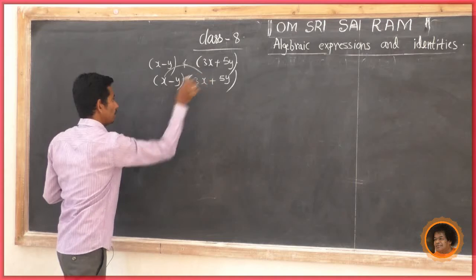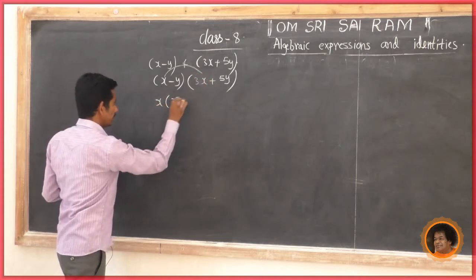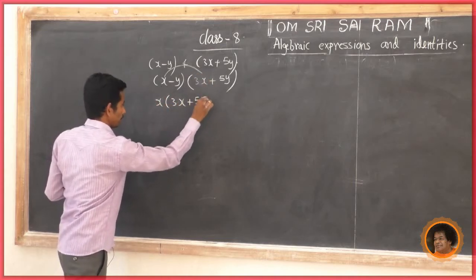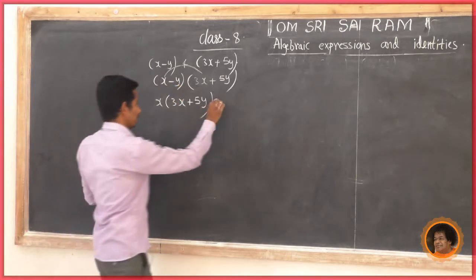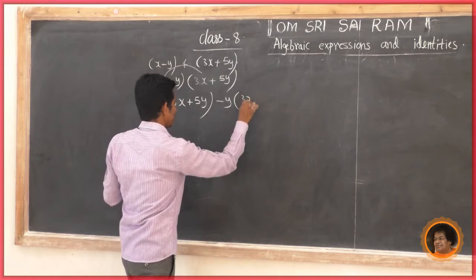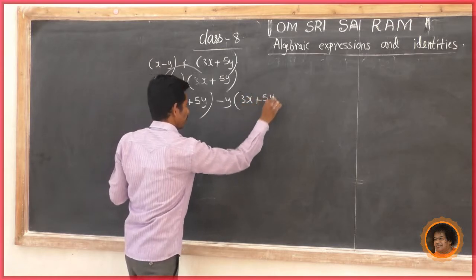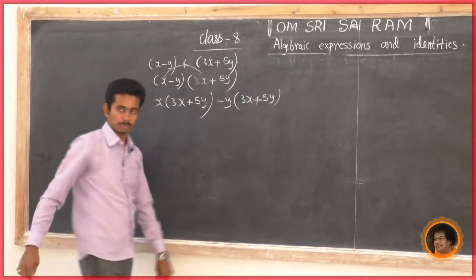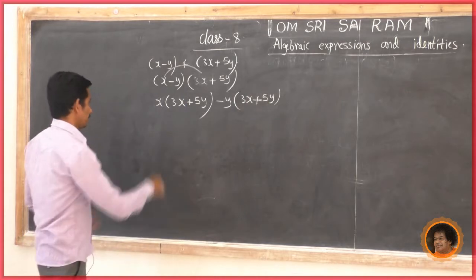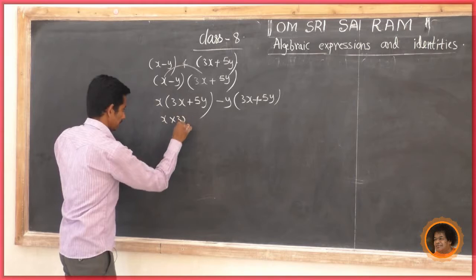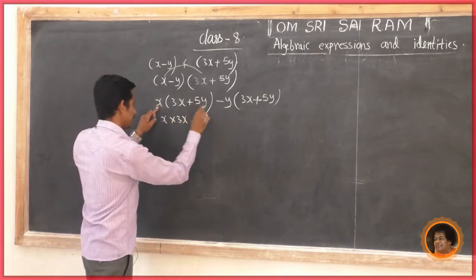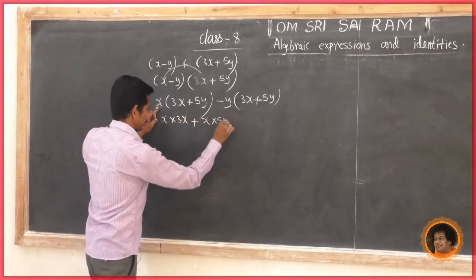So x into 3x plus 5y. After that, minus y into 3x plus 5y. Now multiply this x into 3x, x into 3x plus x into 5y.